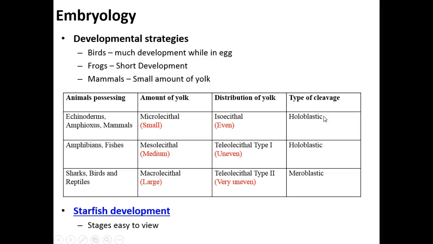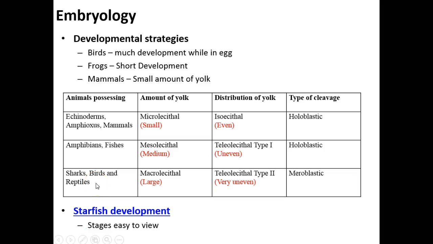So holoblastic, meaning that they're essentially dividing evenly. Amphibians and fishes are mesolecithal, so they have a medium amount of yolk, and they have a teleolecithal type 1 yolk distribution, but they do also have sort of holoblastic cleavage that's even when those cells are cleaving.